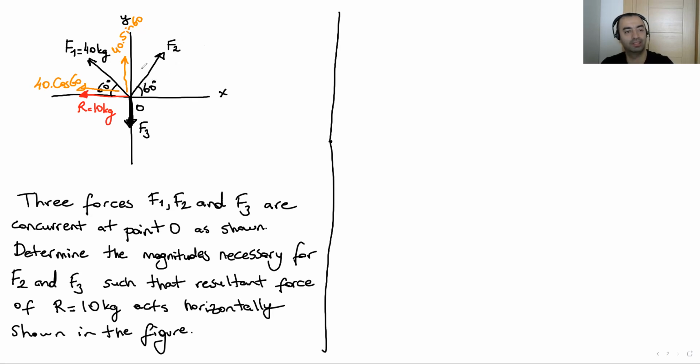Let's do the same procedure for F2. For the horizontal part, F2 times cosine 60. And here, vertical part, F2 times sine 60.